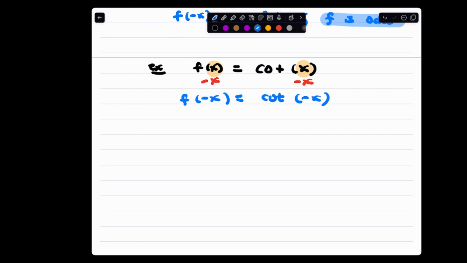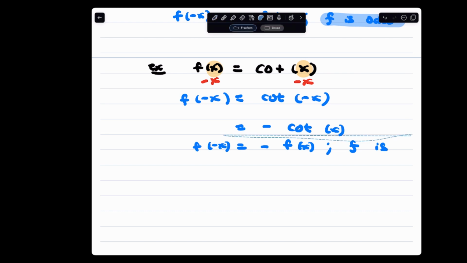Odd. So what do you think is going to happen with cotangent? It's also odd because they're reciprocals. So that would be minus f of x. And that means your f function is going to be what? Is that odd or even? That's the definition of being odd, right?